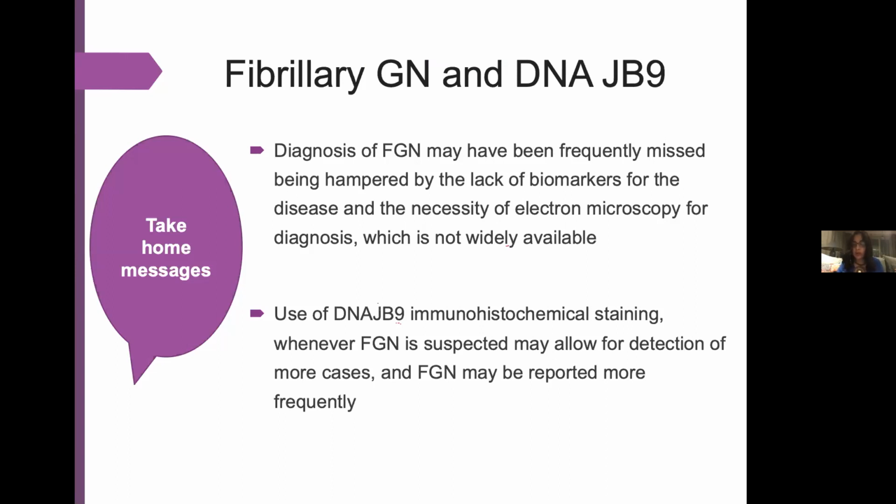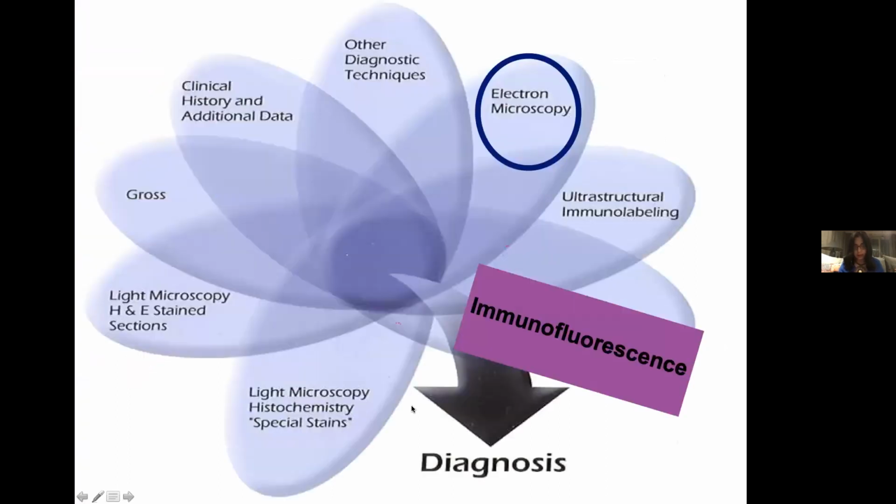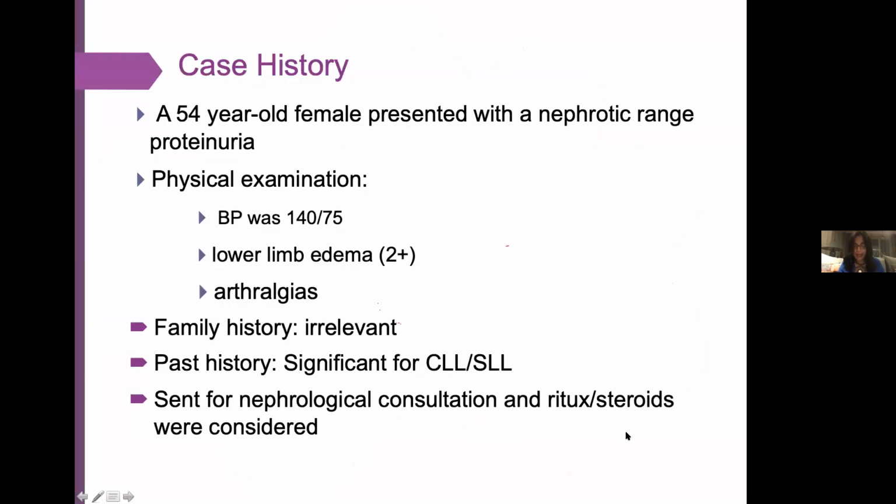Probably you will find more fibrillary glomerulonephritis reported, and then it will not be such a rare disease, and probably the incidence will increase now that we have the marker to look for it. As I said, we are slowly moving from the era of electron microscopy into immunofluorescence, but we still have other entities which will require electron microscopy.